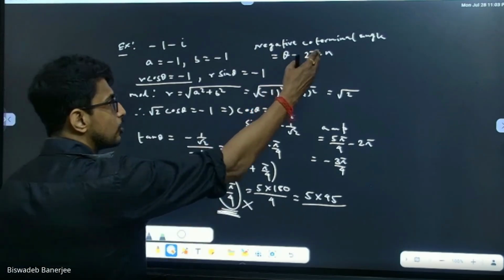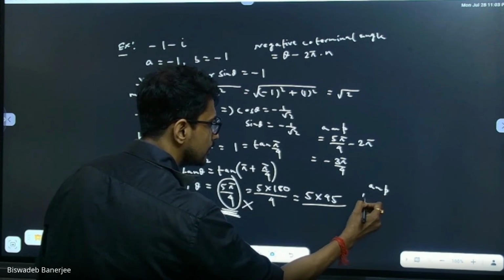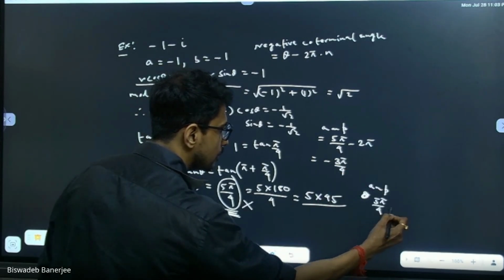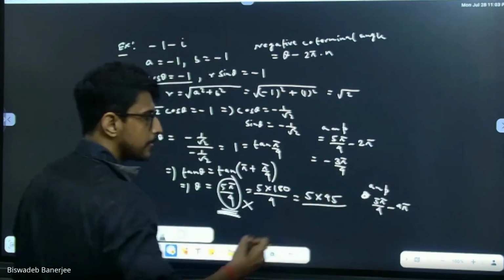If you take n equal to 2, my amplitude will be 5 pi by 4 minus 4 pi.